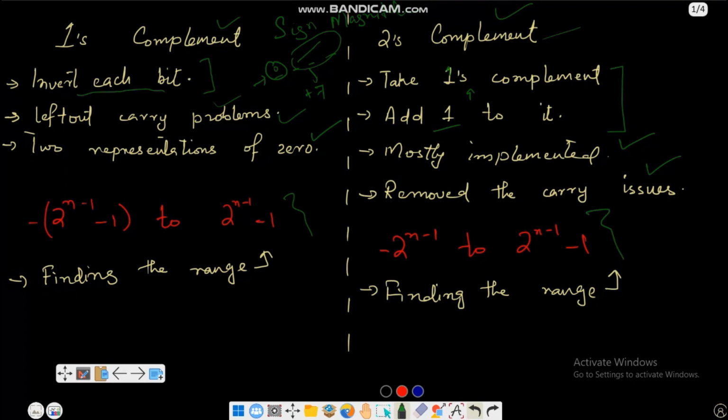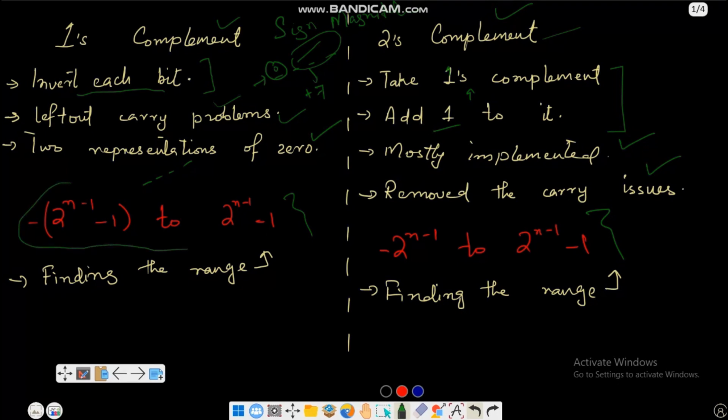Now let's say you have a register with the size of 4 bits. In that case, how many numbers are 4 bits going to represent? You can find out that range by this formula.